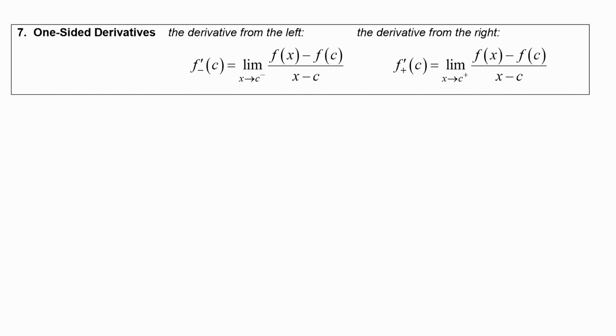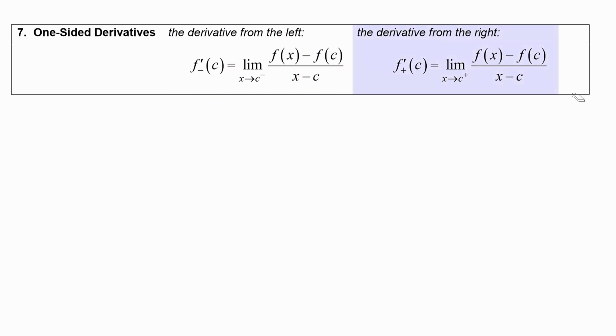Now you will learn about one-sided derivatives. The derivative from the left uses this notation, and you would say f prime from the left at c, or you could say f prime of c from the left is equal to the limit as x approaches c from the left of f of x minus f of c over x minus c.